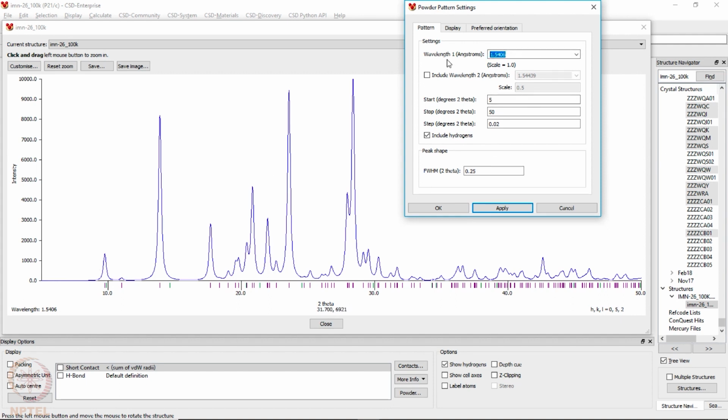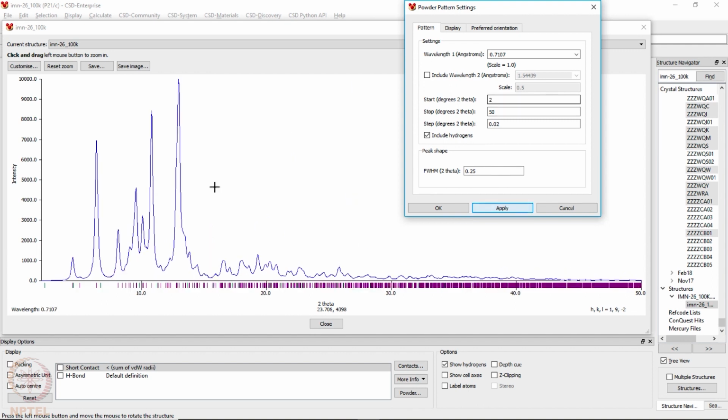So if I make it again 0.7107 and start from 2 degrees, you see that the peak which was at 10 is now appearing slightly below 5. This calculation we had done in one of our earlier classes, where we tried to understand why one should use copper for powder X-ray diffraction and molybdenum for single crystal X-ray diffraction.